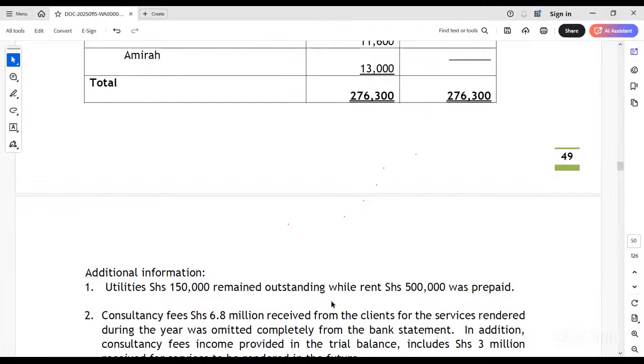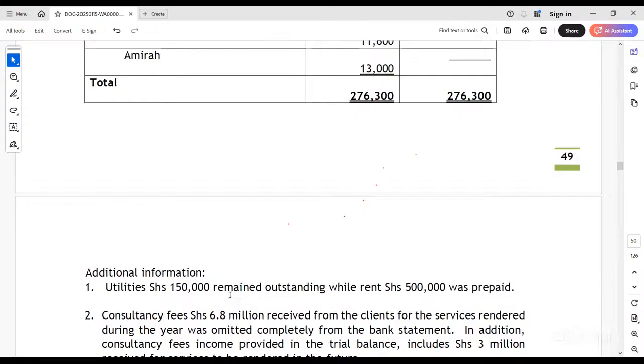What is the additional information? According to the additional information, we have been told that utilities of shillings 150,000 remained outstanding, while rent of shillings 500,000 was prepaid.